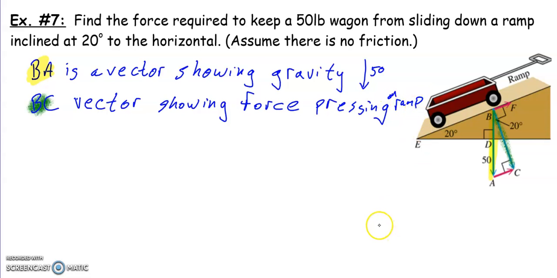Running out of space. Now BF. They did it in red right here. BF. Notice BF is going up the ramp.